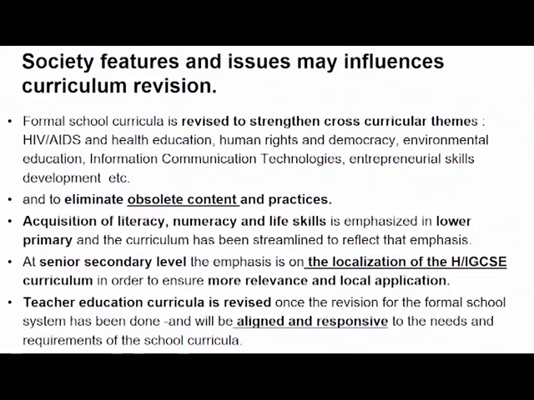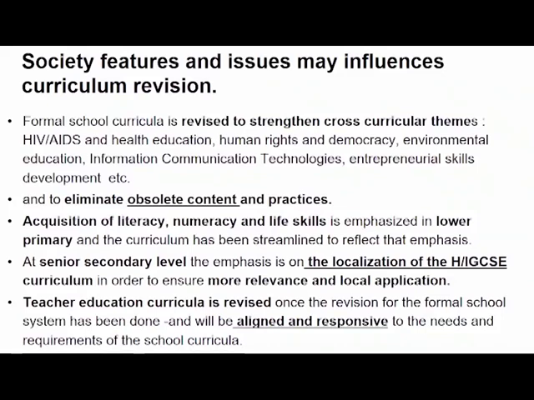Okay, we also need to consider curriculum revision when we consider educational foundations. Many things that happen in society influence the way the curriculum is formed.